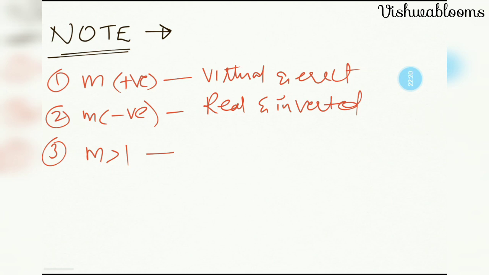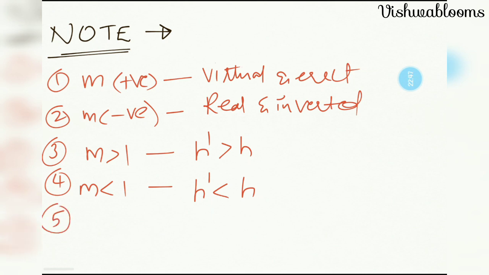So, h dash is greater than h. Image height will be bigger than the object. Fourth rule. If the magnification is less than 1, the image height is smaller than the object height. Fifth rule. If magnification is equal to 1, then both the height of the image as well as height of the object are the same.